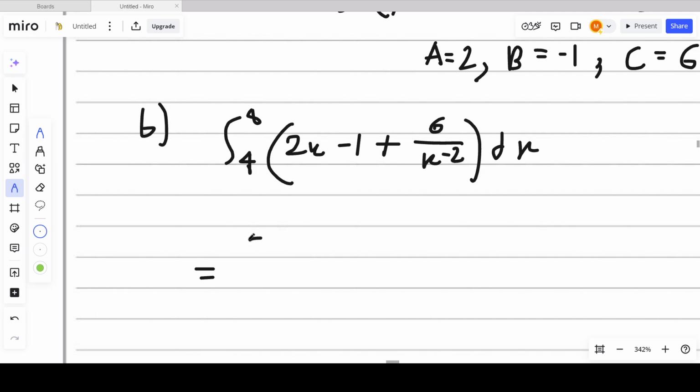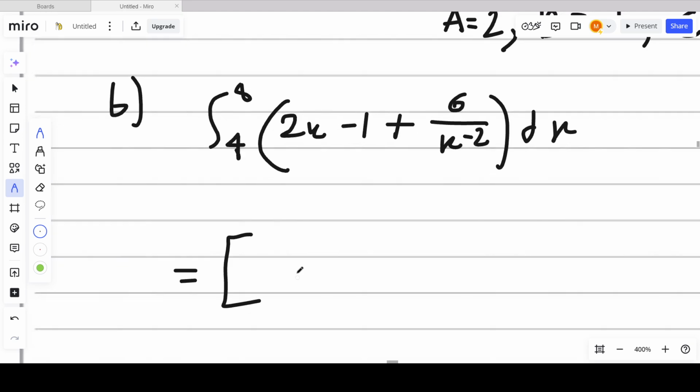So let's integrate. What's the integration of 2x? We know that in integration 1 is added to the power, so it will be x squared. With that new power 2, we divide the coefficient of x, which was 2, so 2 over 2 is 1. Then integration of 1 is negative x.